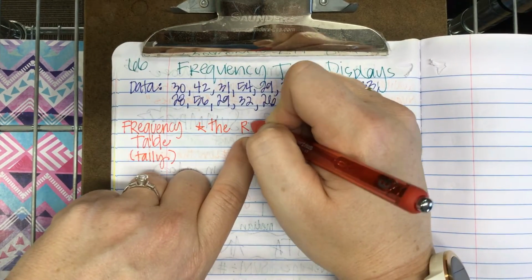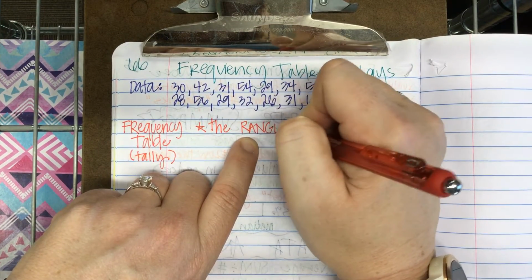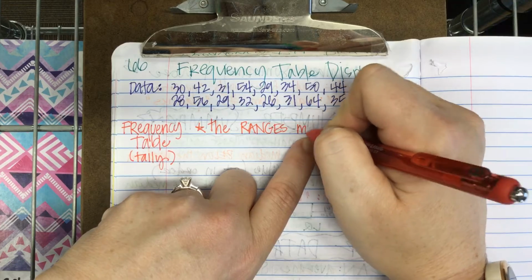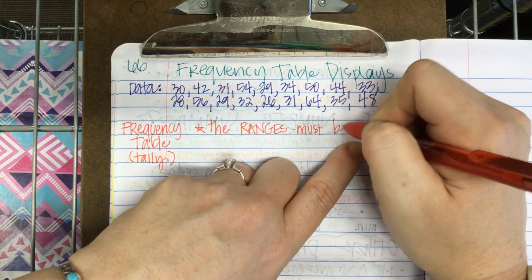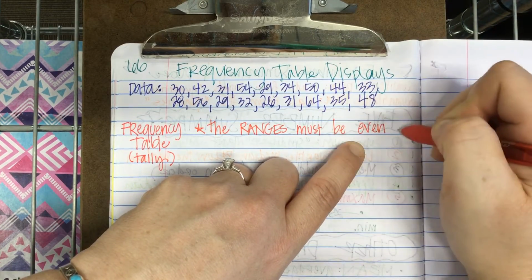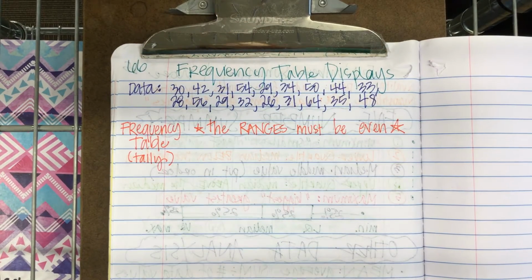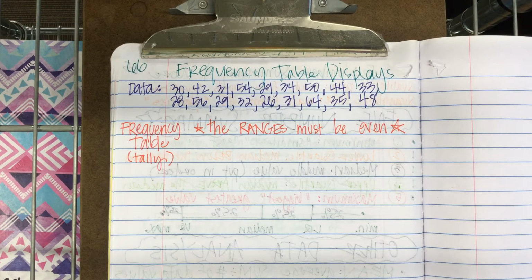the ranges must be even. So, like, I make frequency tables when I'm looking at grades on a test. If I give a test to a class, I make a frequency table, and my ranges are 10%.